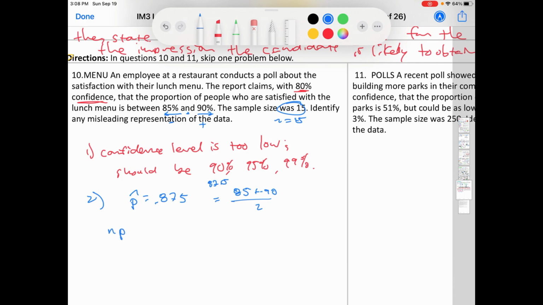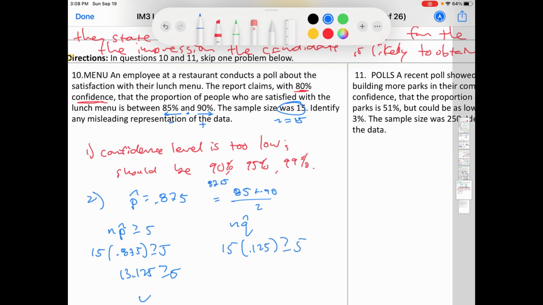And if I take that number, n times p hat has to be greater than or equal to 5. 15 times 0.875, and is that greater than or equal to 5? Well, I get 13.125. It is greater than 5, but if I do the q, so 15 people, and then 1 minus 0.875 equals q, which would have to be 0.125.